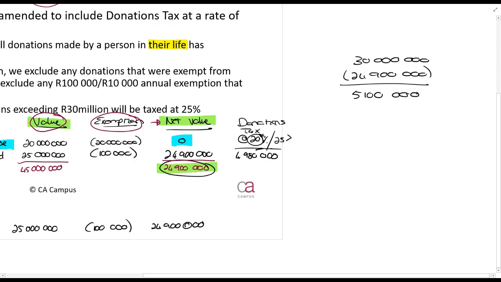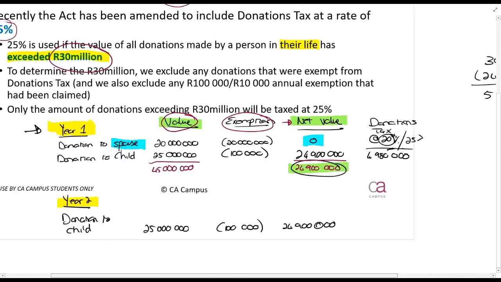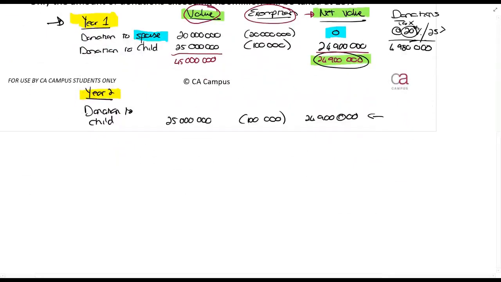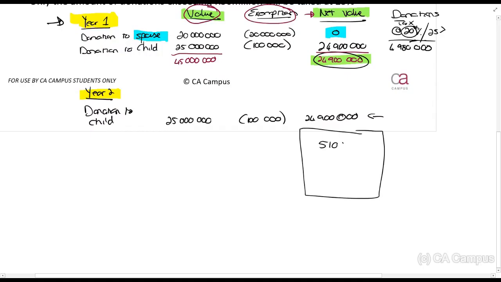So if we break down this 24.9 million, 5.1 million of that will be at 20%. And then 24.9 minus 5.1 gives us the remaining balance of 19.8 million.